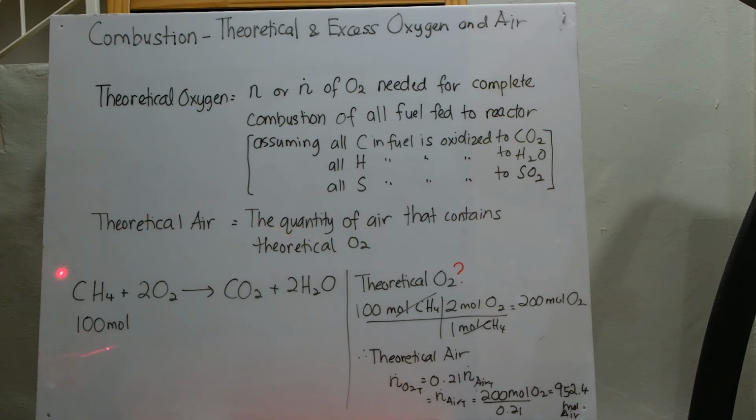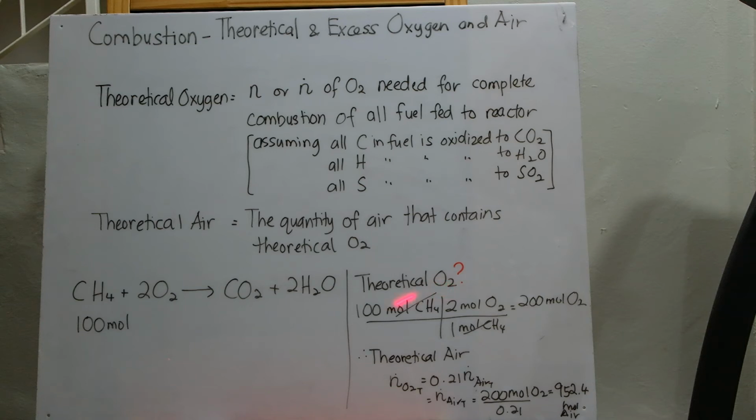For example, we have CH4 as a fuel, which is 100 mole, and this is the reaction for combustion. If we have 100 mole of CH4 reacting in a complete process, how many moles of theoretical O2 do we require?